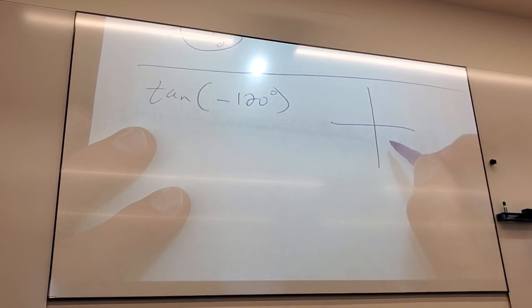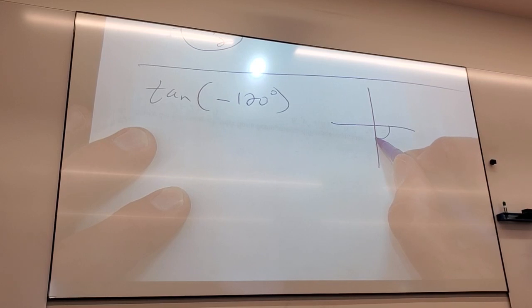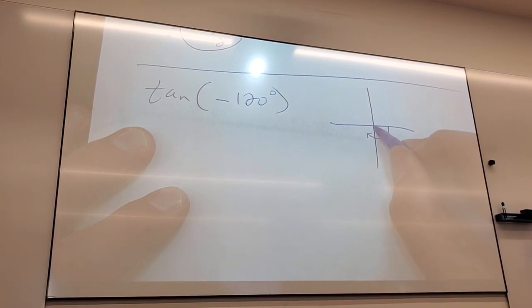So make sure everybody's on the right track. What quadrant do you end up in? 3rd. Yeah, because they go past negative 90. How far short of the x-axis do I stop? 60 degrees.